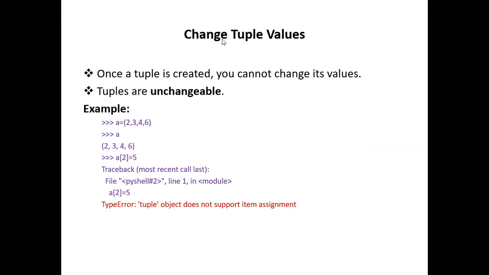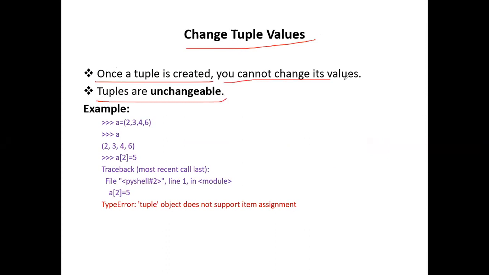Changing tuple values. The third subtopic is changing tuple values. Once a tuple is created, you cannot change its value, as we have already seen in the definition. Tuples are unchangeable. For example, A is a tuple.